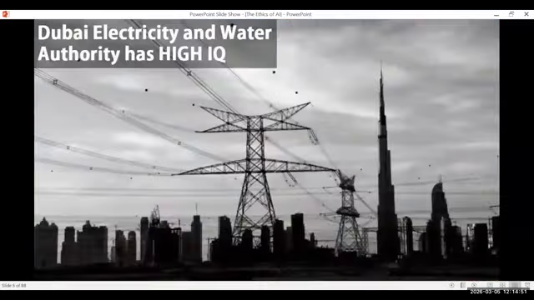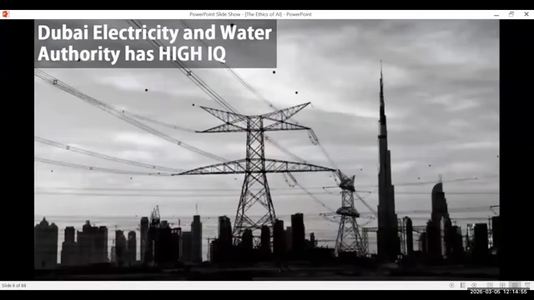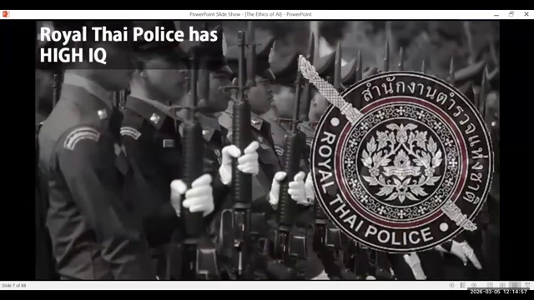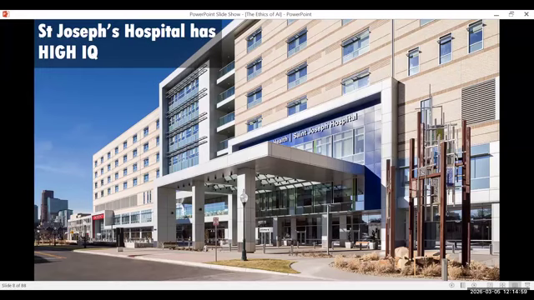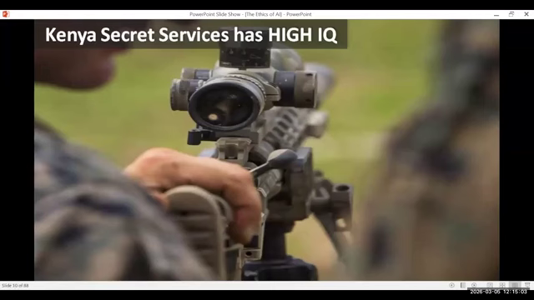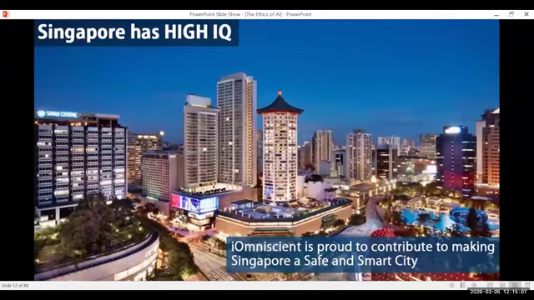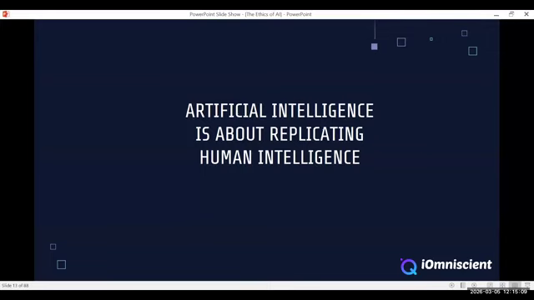Organizations like Disney World use us to find lost children. There are organizations like electricity utilities, the police, hospitals, universities, secret service organizations, about 65 airports, and 75 smart cities that use us.